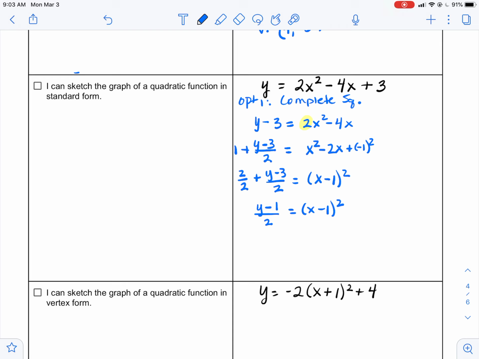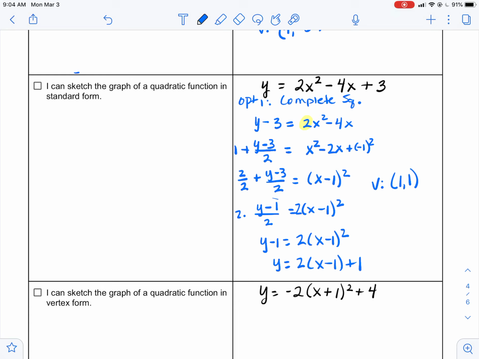Okay. And now I'm going to leave that. I didn't take this and break it apart because I'm going to multiply both sides by 2. So I have y minus 1 equals 2 times x minus 1 squared, and then move your 1 over. Okay, which in this case my vertex then becomes 1, 1.